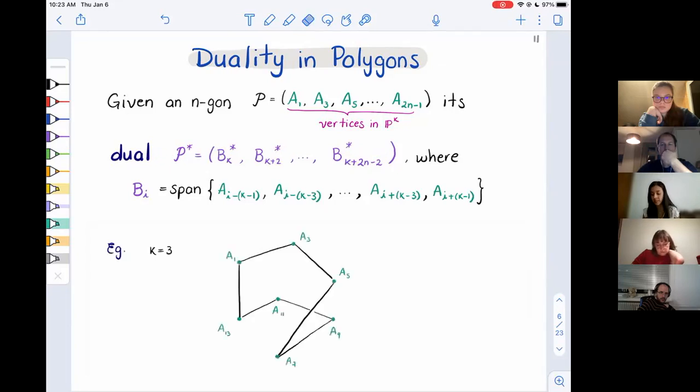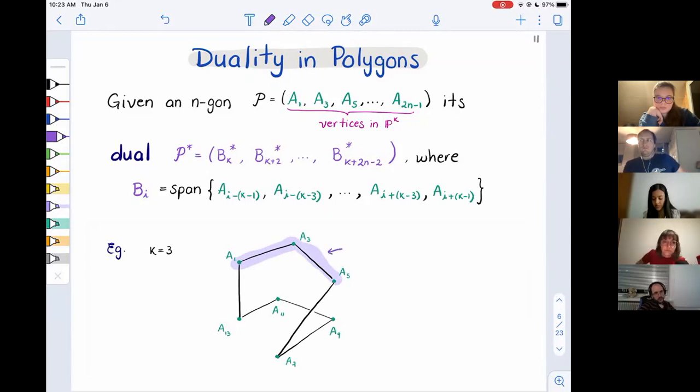For instance, let's say you are in dimension 3 and here I have a heptagon. Then I take consecutive vertices, so let's say these 3. And these 3 are going to span a plane, which corresponds to a vertex of the dual polygon, right?